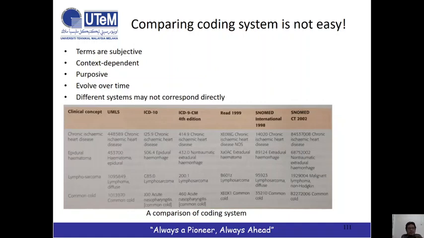What is the purpose? For example, in administrative, we have to code the patient, differentiating by race, for example, by religion or by gender. So by purpose. In clinical, for example, what is the purpose?